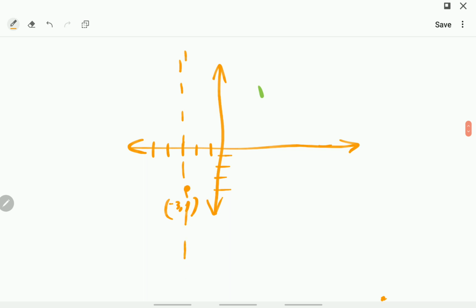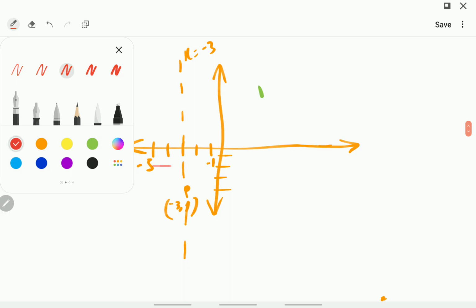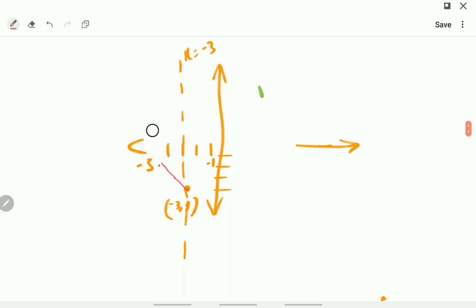Nice. So let's label that x is equal to minus 3. Then we also got our two x-intercepts, which are minus 5 and minus 1. And all we are left to do is just join these lines. Oops, my bad. All we're left to do, wait, that's actually a horrible diagram.